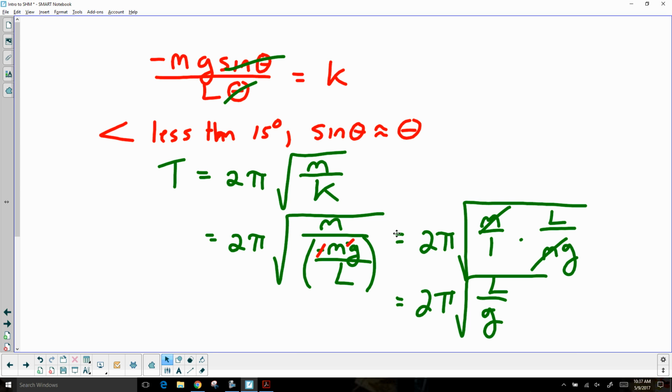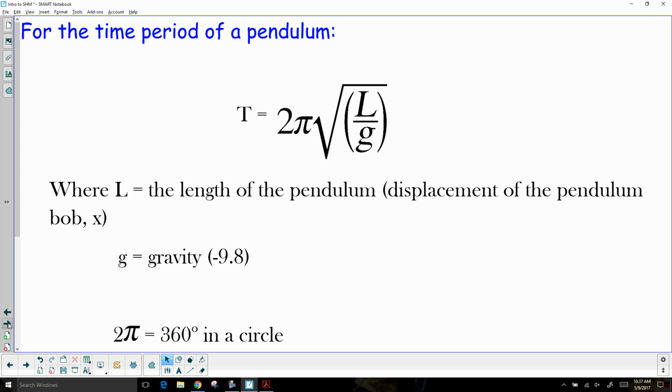It's really helpful from time to time to figure out where these equations come from rather than just memorizing and knowing when to use them. Because if you know the conceptual basis behind making the equation, they become easier to understand and apply later on. So let's take a look at what this equation is.